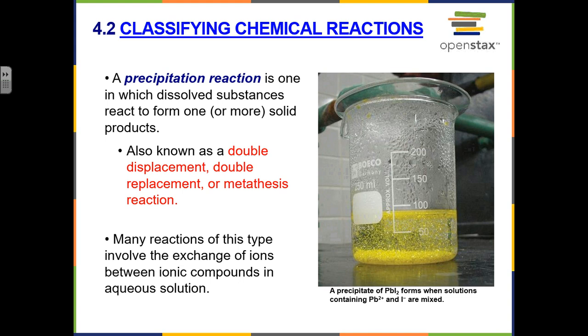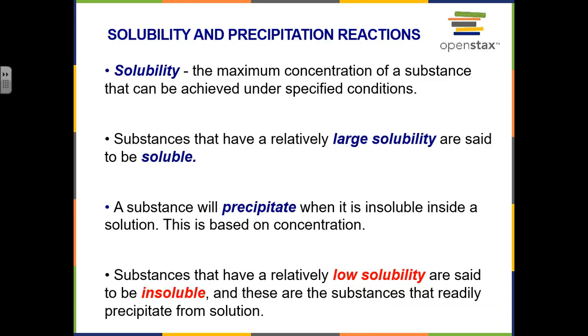And that precipitation only occurs because of rules regarding solubility. Solubility refers to the maximum concentration of a substance that can be achieved under specified conditions. This means: can it dissolve in a liquid medium? That's what solubility refers to. Substances that have a relatively large solubility are said to be soluble.